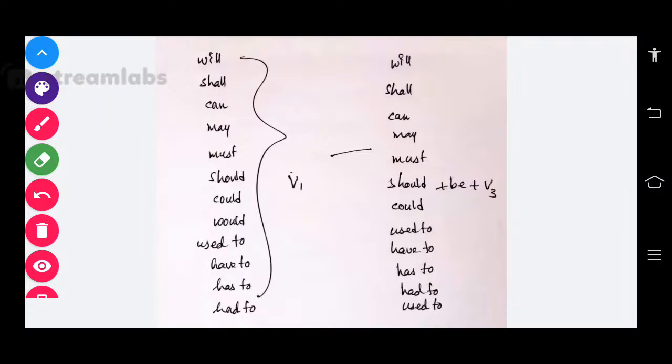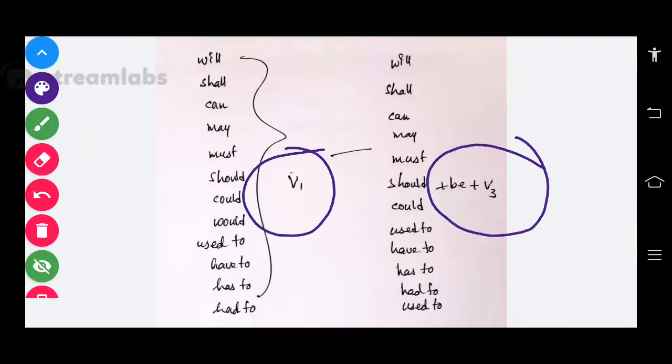After the auxiliary, generally there is the first form of the verb, but in the passive, be plus the third form of the verb is used. Just remember this, right?